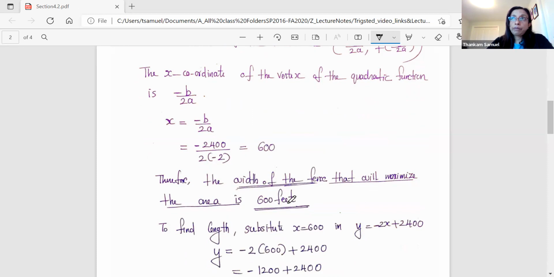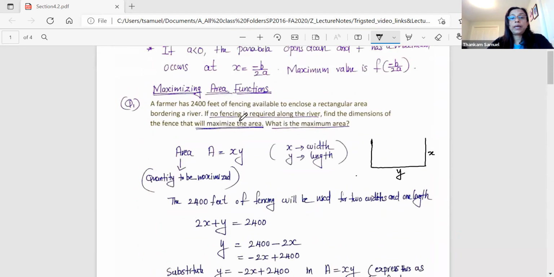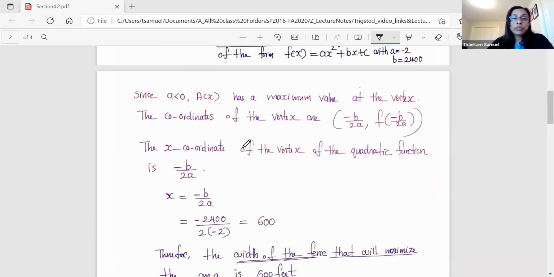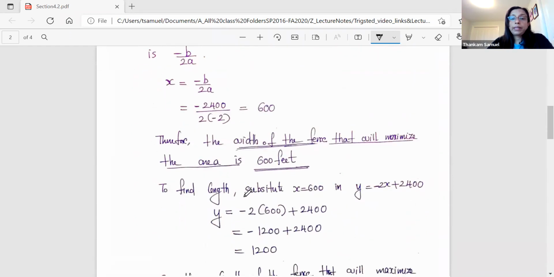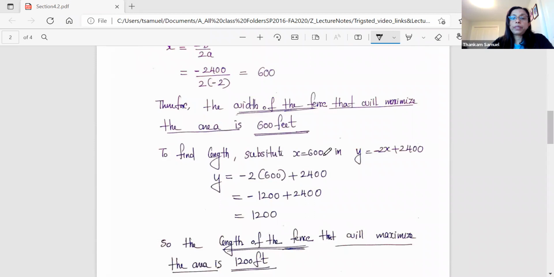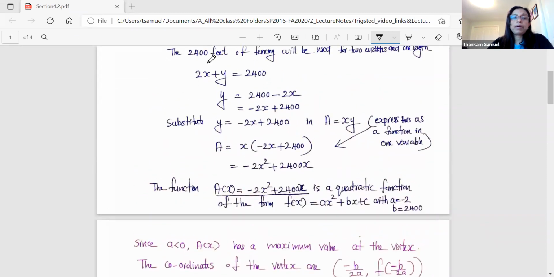In the problem, we need to find the dimensions that will maximize the area. We got one of the dimensions, that is the width of the fence. To find the length, substitute this x in the equation y equals -2x plus 2,400. We got this equation from the perimeter, 2x plus y, and solved for y.